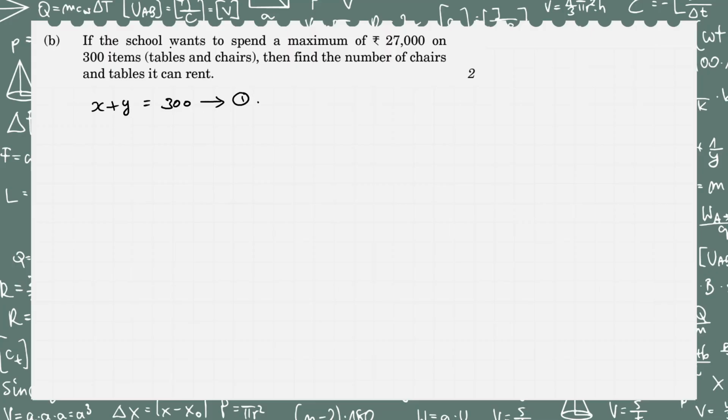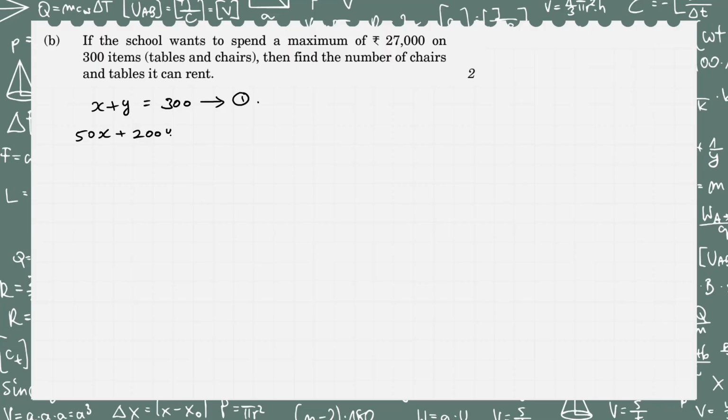But the school is spending 27,000 rupees only right now. So for that we have to write the equation. So 50 into x, because x chairs they are renting, for one chair the rent is 50, the same scenario only, right? And for one table the rent is 200.